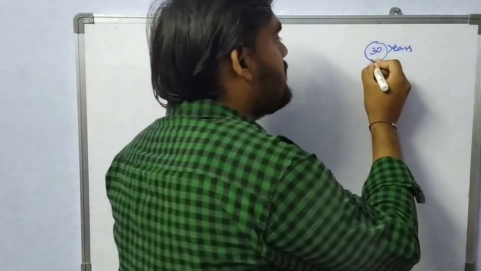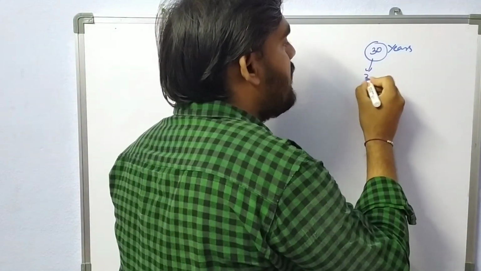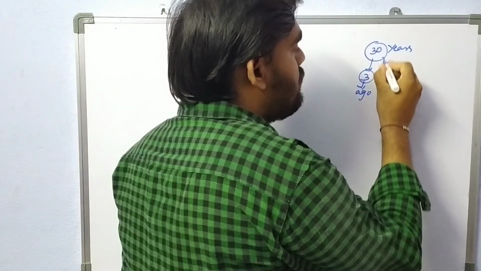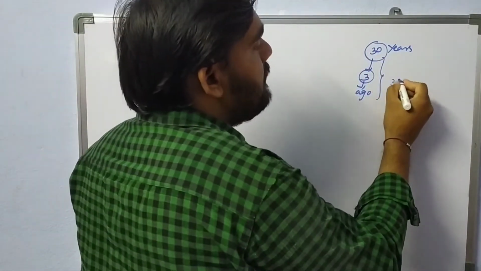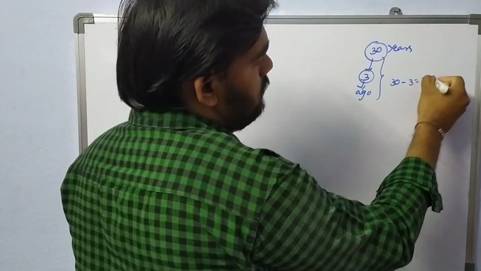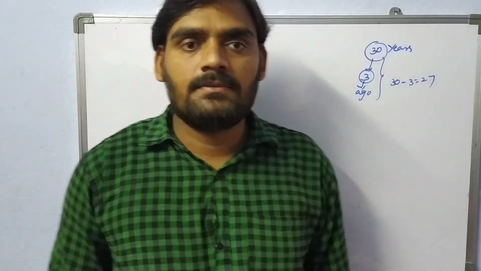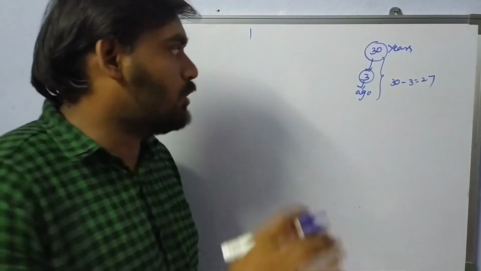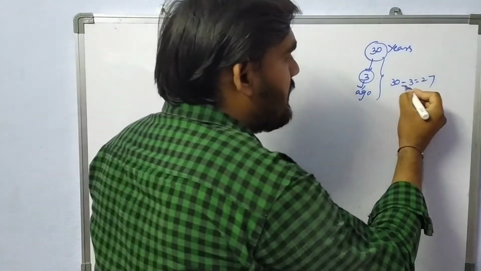His age 3 years ago would be 30 minus 3 is equal to 27. Isn't it? 3 years ago and 3 years before are both the same, so we subtract.